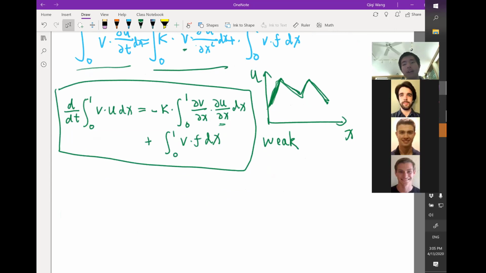All right, now what's the next step? Up to now, all our manipulations are actually exact. We haven't made any approximations up to this point yet. Everything we have done is exact, continuous and mathematically rigorous. But the next step involves approximation, as in all the numerical methods we have studied.